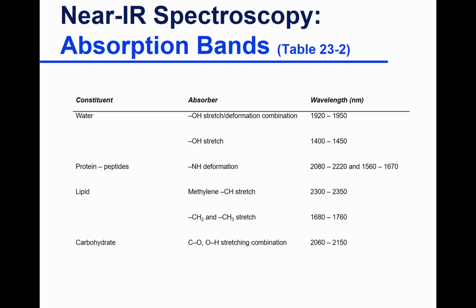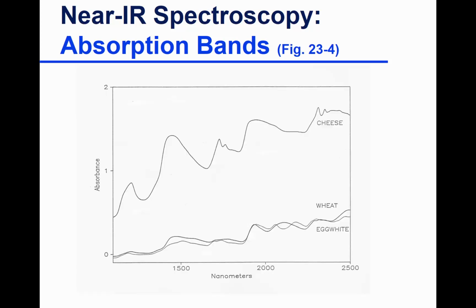Then the protein and the lipids absorb at 2 different ranges, as well as the carbohydrate. So you can see there might be overlap, for example between the protein and the carbohydrate in this region. That's why we look at both regions if we want to differentiate, and the math takes into account both regions.